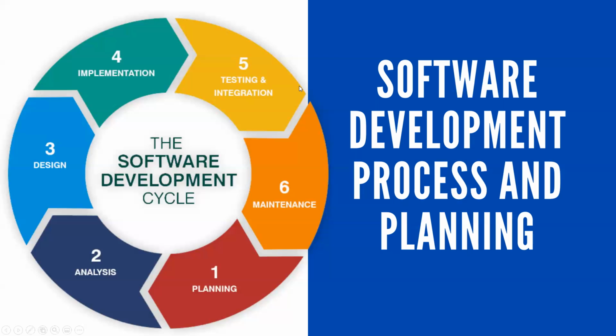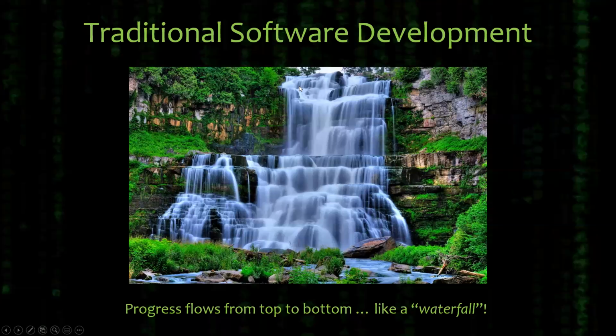Now, traditional software engineering used to have a model that we identify as the waterfall method, right? The waterfall method flows from top to bottom. Like any other engineering project, let's say building a house, or a car and so on, it's the same thing, right?